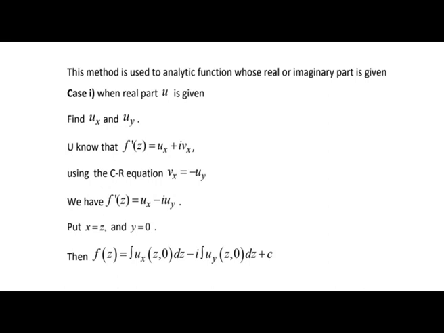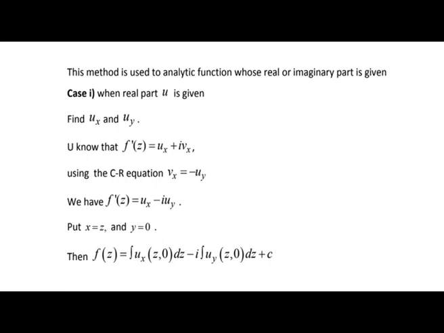We have seen this formula in the previous session when we derived the CR equations. So, you know that f dash z is ux plus ivx, and since your f of z is analytic, it satisfies the CR equations. So, your vx can be replaced by minus of uy. So, you get a new equation for f dash z, that is the derivative of f of z, which is ux minus iuy.